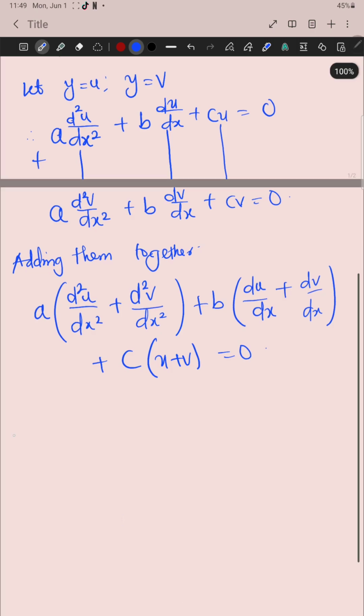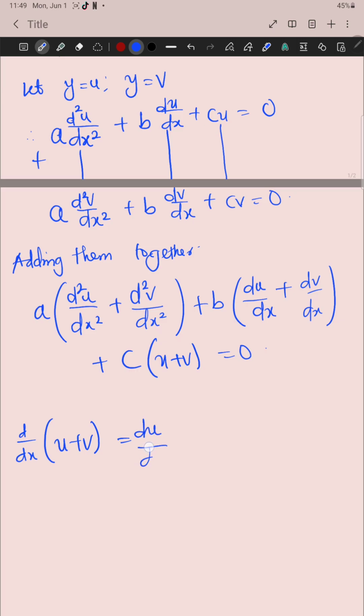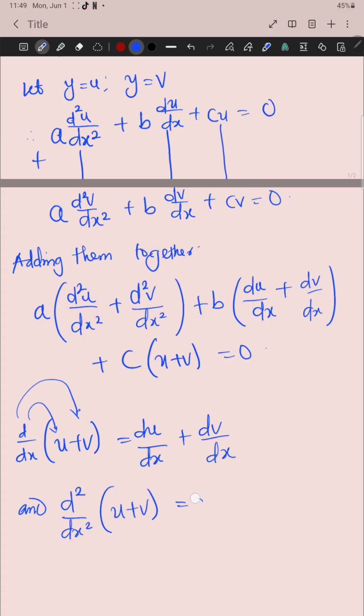We can now say that d over dx of u plus v is equal to du dx plus dv dx. Do you understand? And when you now say d squared over dx squared, second differential, of u plus v, you're going to have d squared u over dx squared plus d squared v over dx squared.